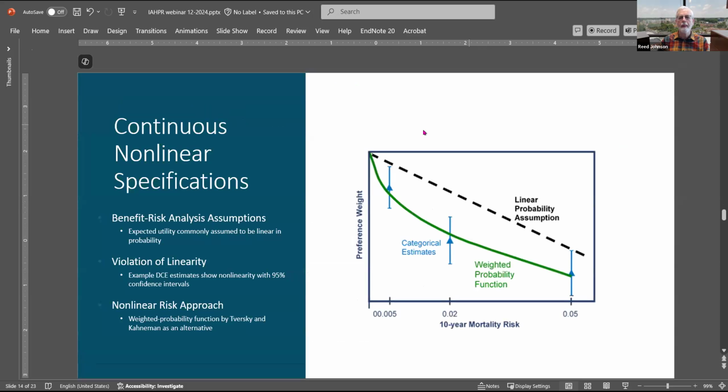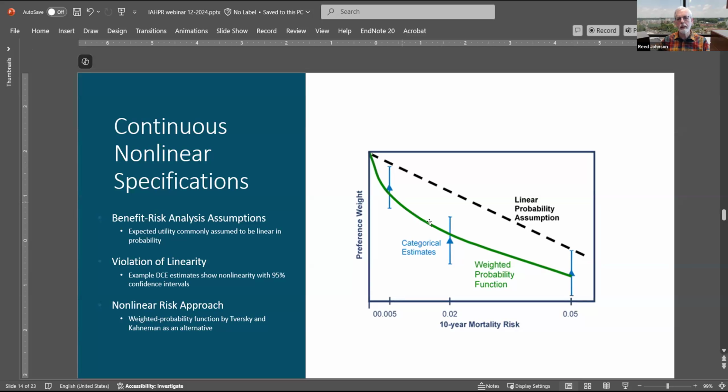All right. Here's an example of the problem of just assuming a linear probability. We estimated a categorical model, this is for 10-year mortality risk, and the vertical axis is the preference weight. This is a very old study of mine. Here are the 3 categorical estimates using, it doesn't really matter, either effect coding or dummy coding.